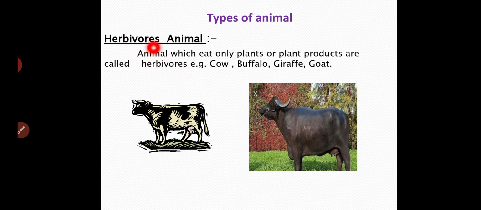Herbivorous animals are those animals which eat only plants and plant products. For example, cow, buffalo, giraffe. These are all animals which eat only plants or plant products.